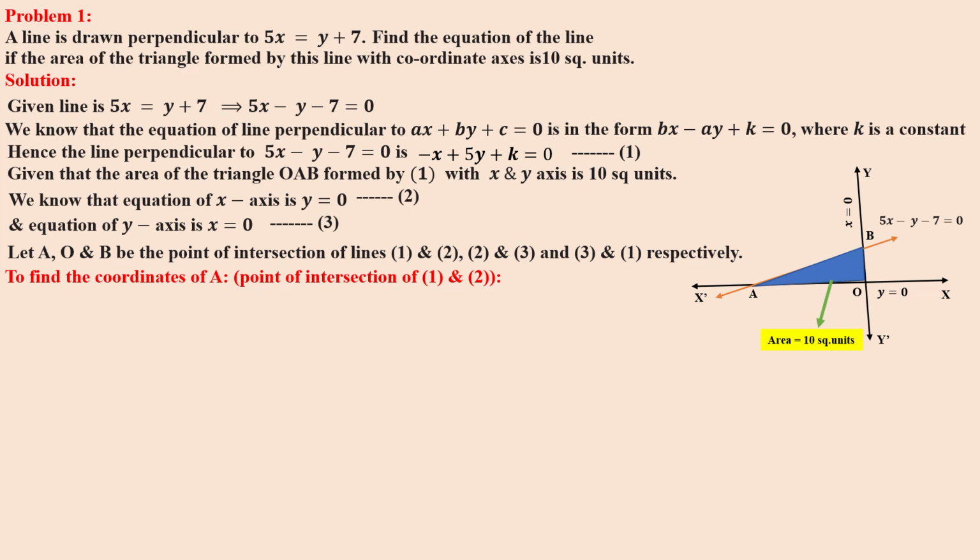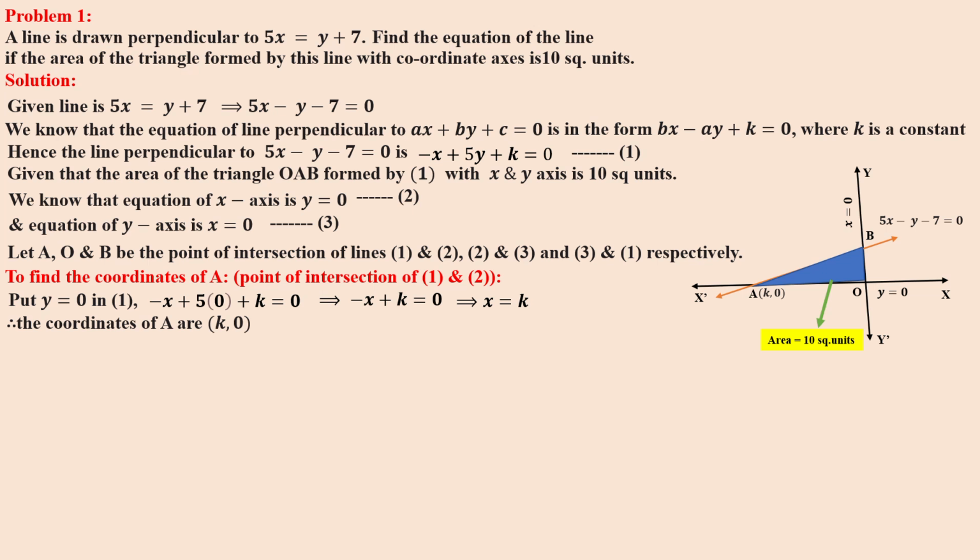To find the coordinates of A, the point of intersection of 1 and 2, put y = 0 in 1, so -x + 5(0) + k = 0, so -x + k = 0, that implies x = k. Therefore the coordinates of A are (k, 0). Next, the point of intersection of 2 and 3 is the origin (0, 0), that we know.